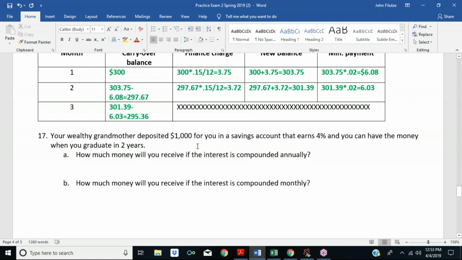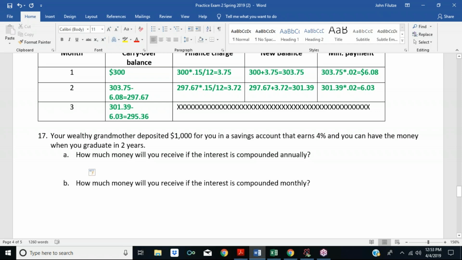So if you look at your formula sheet on 236, this is the one that says balance equals principal times 1 plus the rate times the time power, because this is just a straight principal rate time power because it's compounded annually, which means 1 time a year.